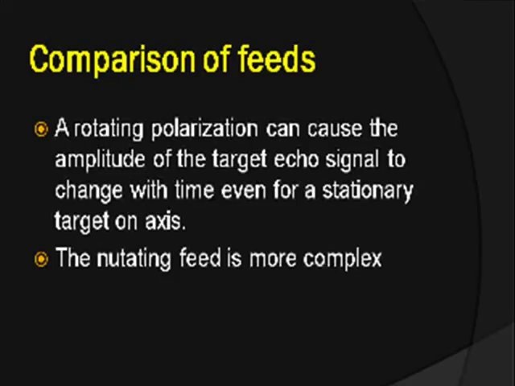So, you feel the nutating field may be better, but a nutating field is more complex compared to a rotating field. So, we prefer to use a rotating field wherein the dipole or the field will be continuously rotating and the plane of polarization is going to change. That is easier for regular operation.